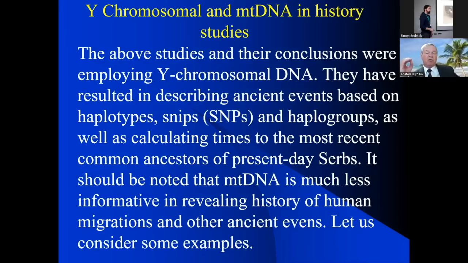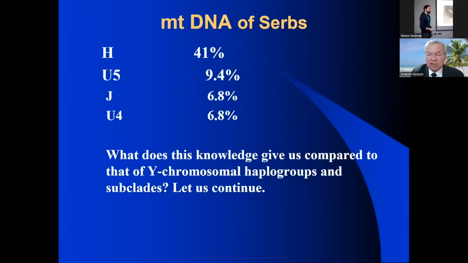Now, before we go to the next slide, I have to say that indeed, from the point of view of migrations, mitochondrial DNA is not informative. However, it tells us something. Let us show what it does tell regarding Serbs and also Europe and Eurasia. If you look at the mitochondrial DNA of Serbs, there is a remarkable picture.